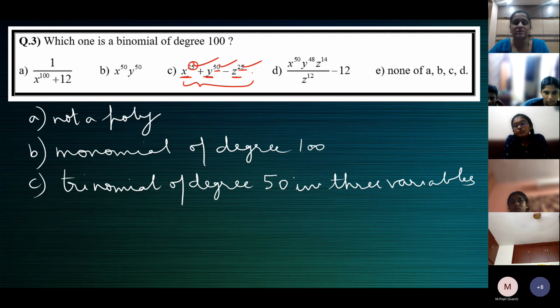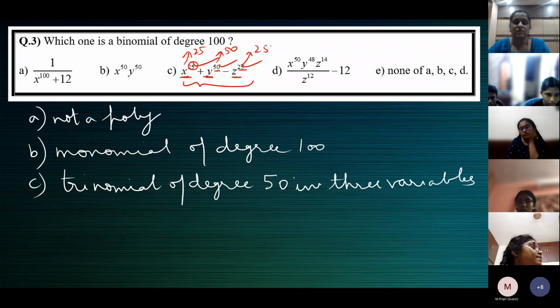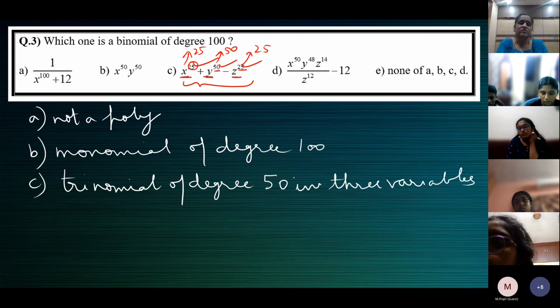And since there are 3 terms, it's a trinomial. In this term, the power is 25, in this term it is 50, in this term it's 25. The highest power is 50, so the degree is 50. So C is a trinomial, 3 terms of degree 50 in 3 variables, X, Y, and Z. So C is not a binomial.